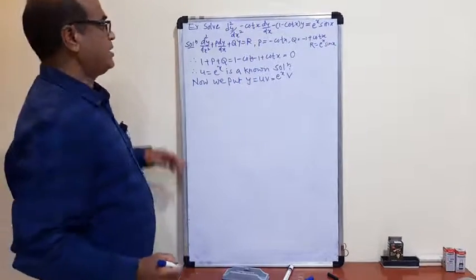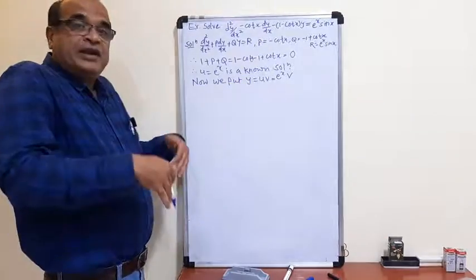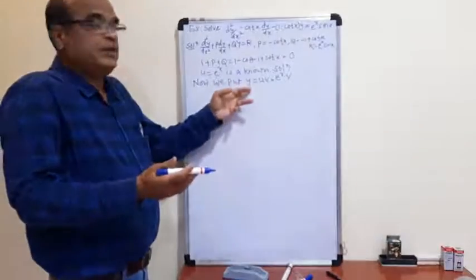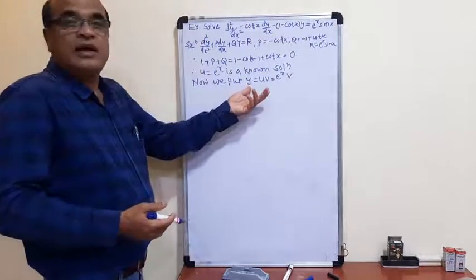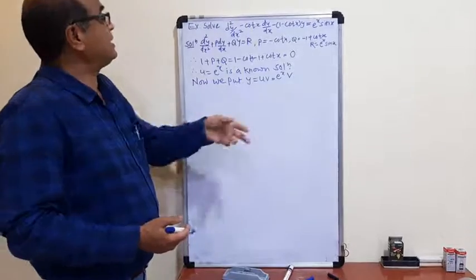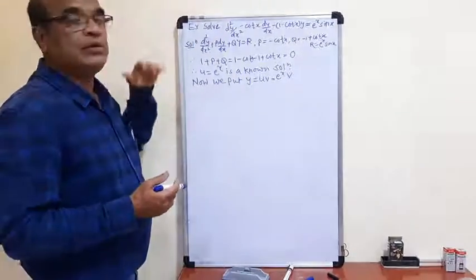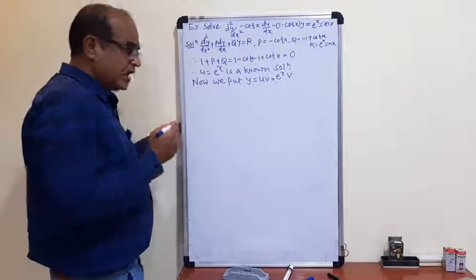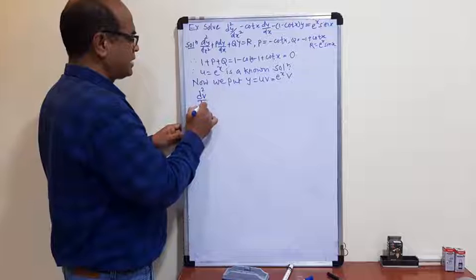Therefore, putting y is equal to uv, find the derivative dy by dx. Again find the derivative d2y by dx square. And putting all those in this differential equation, that equation reduces to d2v by dx square.